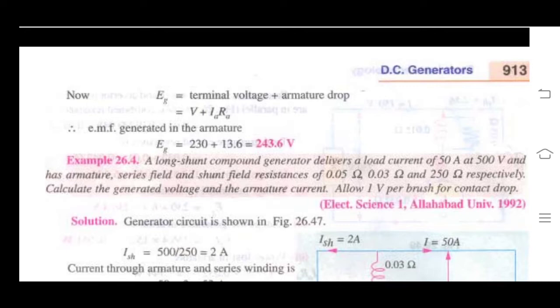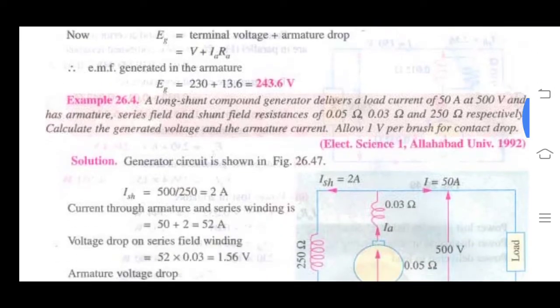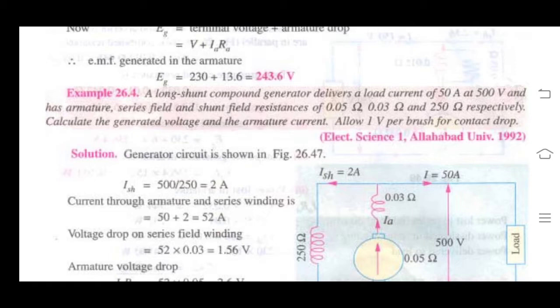So generated EMF equal to V plus voltage drops, IA RA drops.